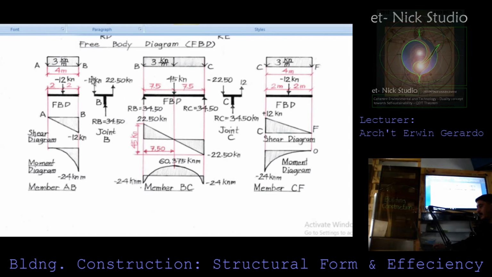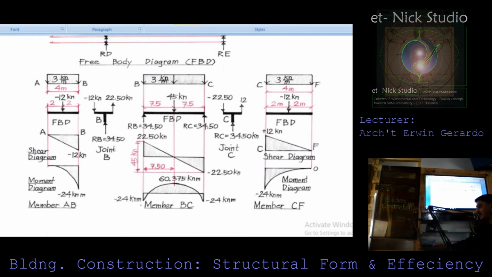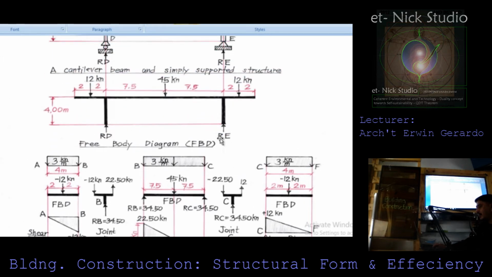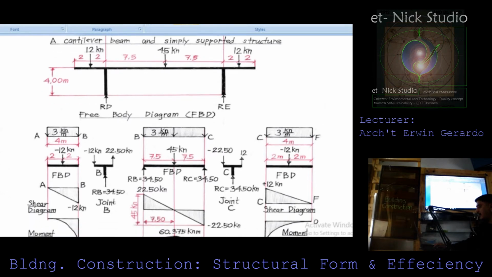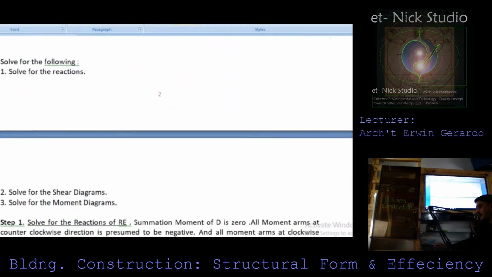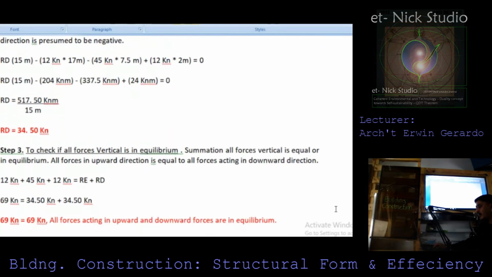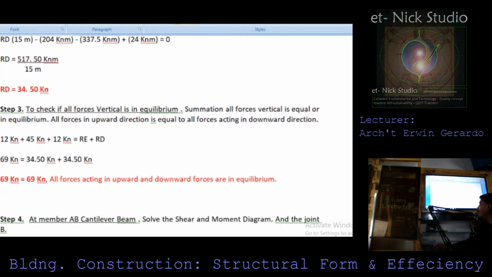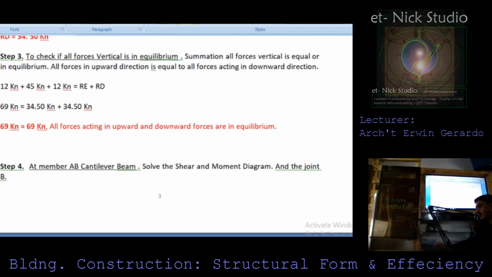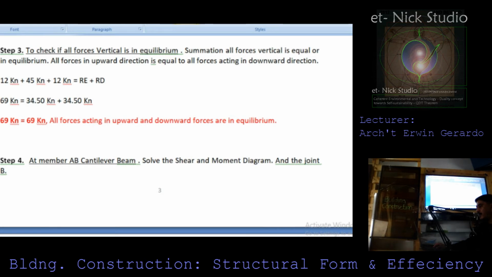So it is very important that we understand how we arrive at the reactions Rs of D and Rs of E. All forces pointed downward, you need to add all of these, and the reactions of D and E compensate the summation of forces acting upward and downward, which is in step 3, equivalent to 69 kilonewton.